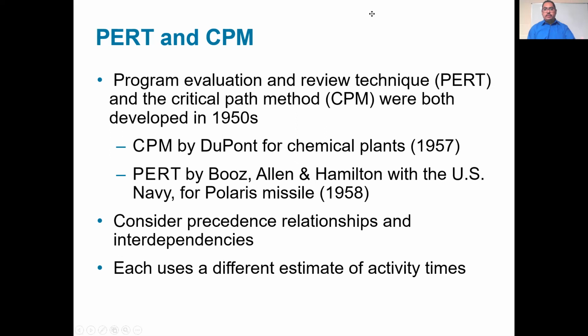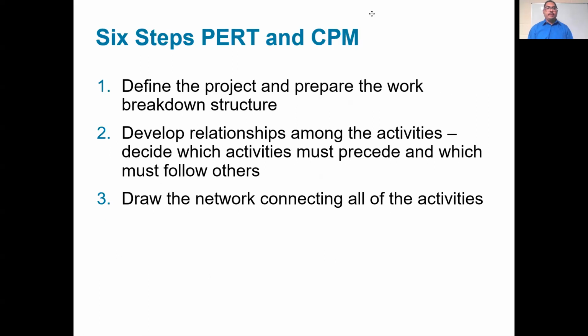So how do we go about developing these? Well, first, we have to define the project and prepare the work breakdown structure, which we already have done in the planning phase, right? We have already done this, and we follow these 6 steps that we're going to look at right now.